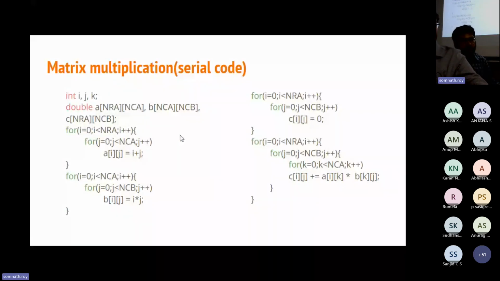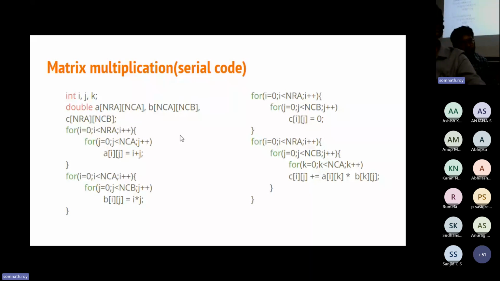So next we'll look at matrix multiplication. Matrix multiplication serial code. So the first three are just initializations. The matrix A has been initialized as i plus j.